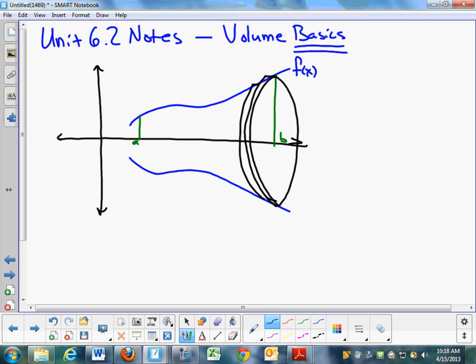Do you get the idea? I'm going to create, instead of an infinite number of rectangles, an infinite number of discs.